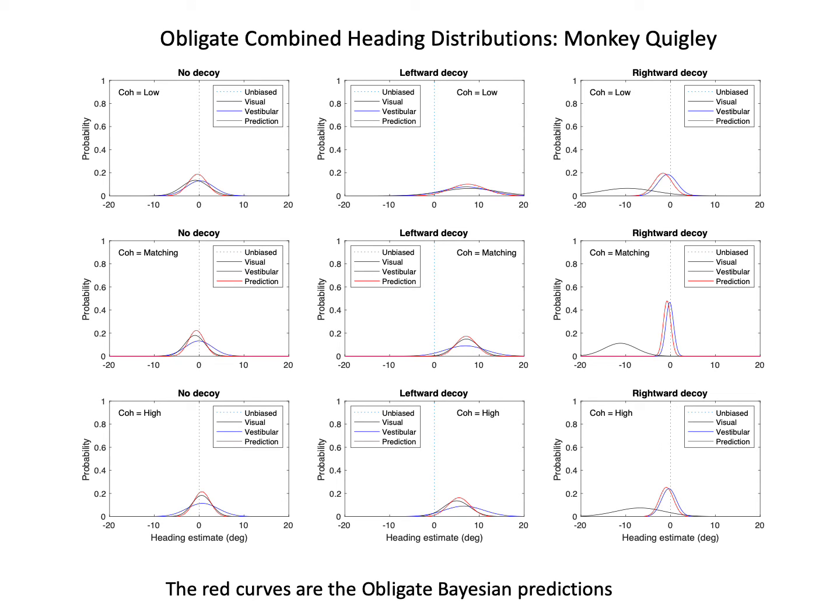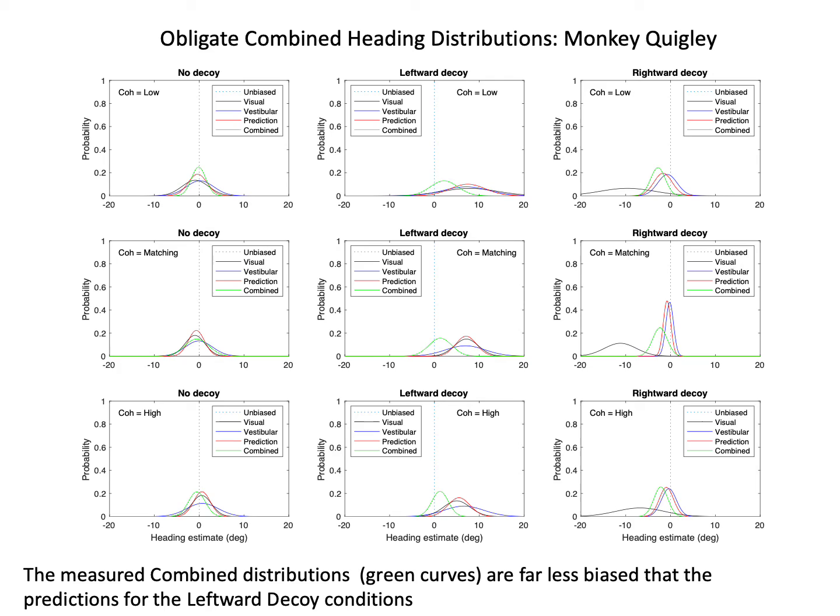Those predictions for the combined heading distributions are shown as the red curves for the no decoy, leftward decoy, and rightward decoy conditions in the same format as before. So the acid test is how well those predictions compare with the measured heading distributions for the combined visual and vestibular cues, shown here by the green curves.